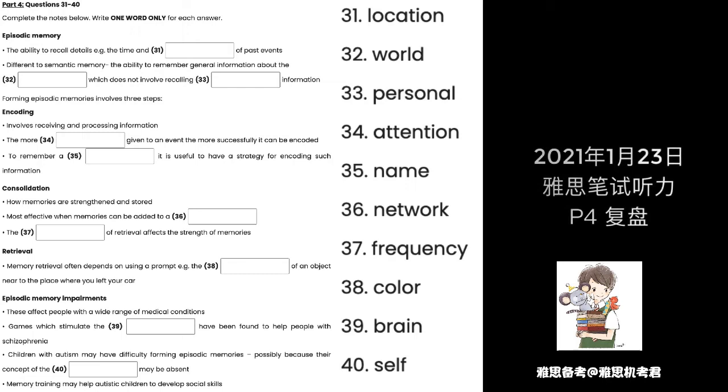Episodic memory is distinct from another type of memory called semantic memory. This is the type of factual memory that we have in common with everyone else. That is your general knowledge of the world. To build upon a previous example, remembering where you parked your car is an example of episodic memory.